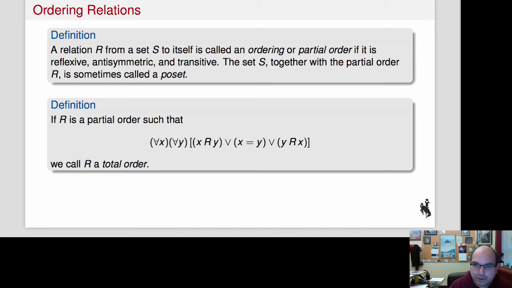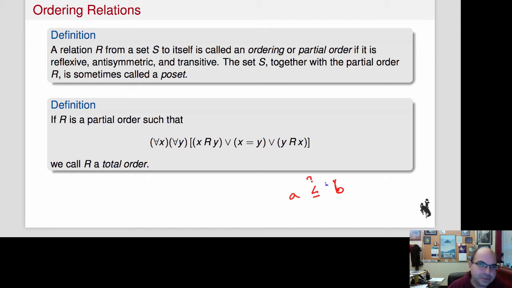Let's clarify what we mean by total ordering. Total actually says this: if you have a total ordering, then for any two elements A and B, it's definitely the case that one will be less than or equal to, or ordered by, the other. That will always be true.